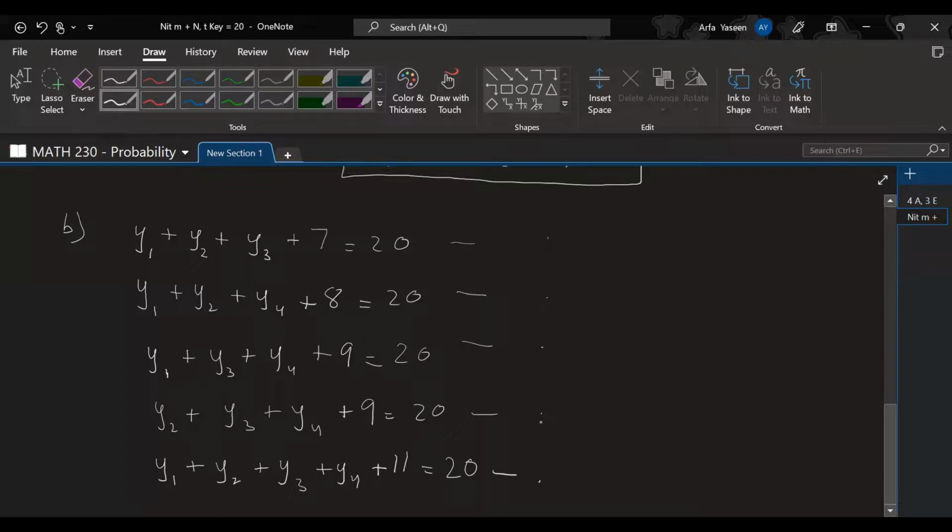This is the basic counting principle that we studied at the very beginning of this course.